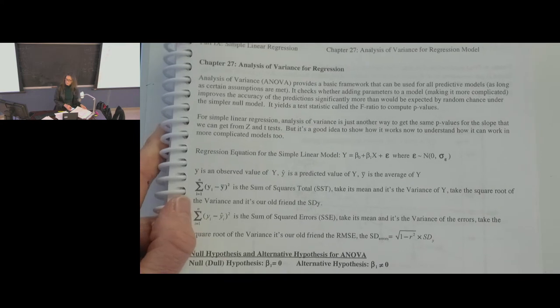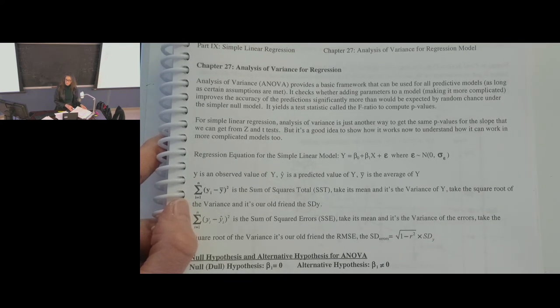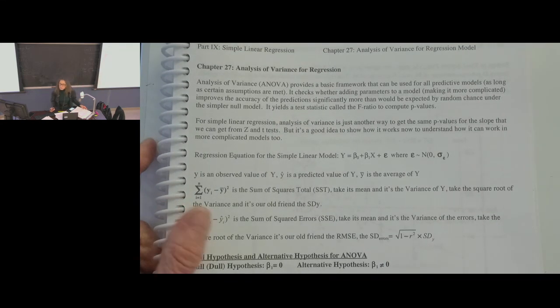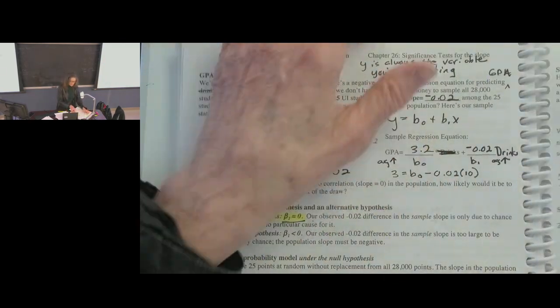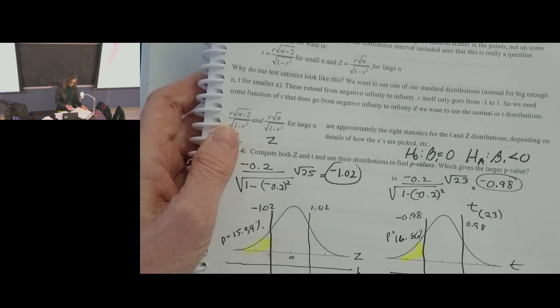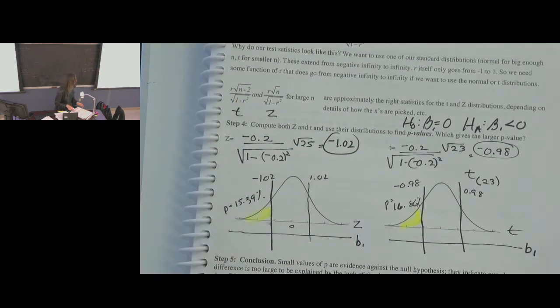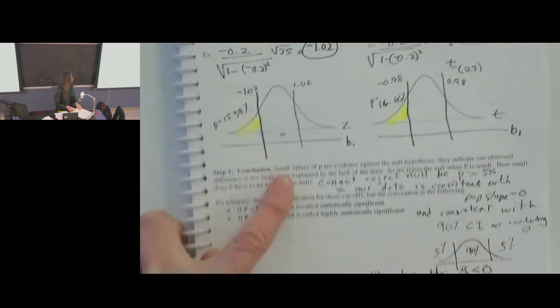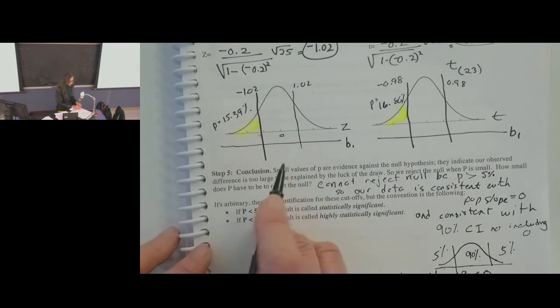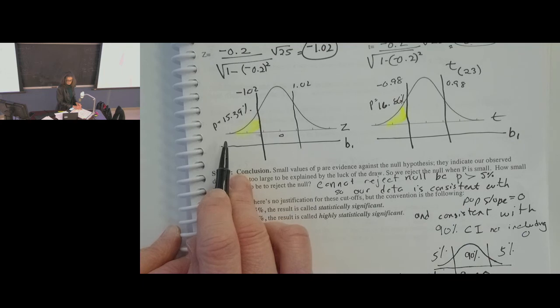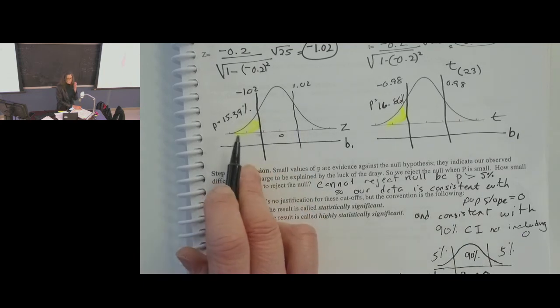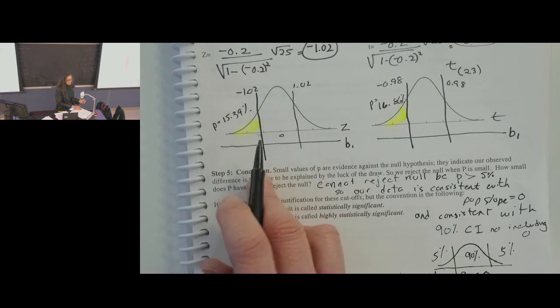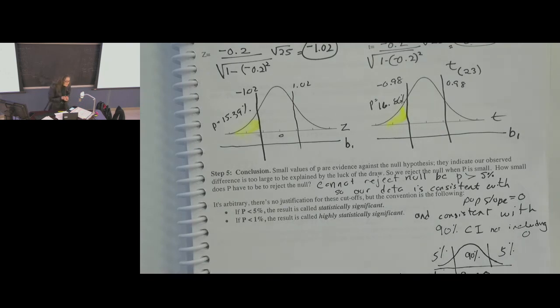Yes? How do you know if it's a left-hand tail test or right? If we're looking for beta less than 0, that means to the left of 0, so it's left. We're looking for extreme values way out here. We know the direction. In this case, we didn't think that the more you drink, the better your GPA would be, although maybe a lot of people wish that were true.